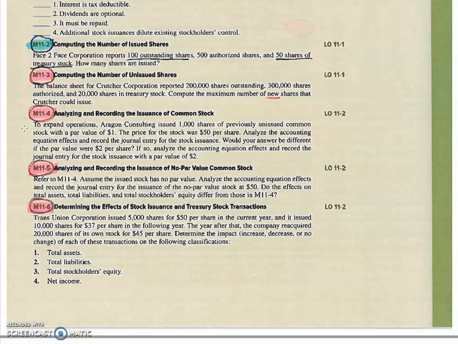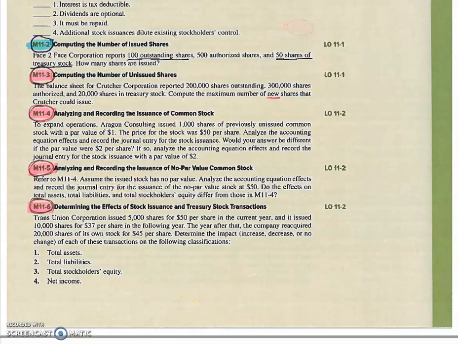Would your answer be different if the par value were $2 per share? If so, analyze the accounting equation effects and record the journal entry for the stock issuance with a par value of $2. So 1,000 shares, $50 a share, so they were issued for $50,000, $1 par and $2 par.